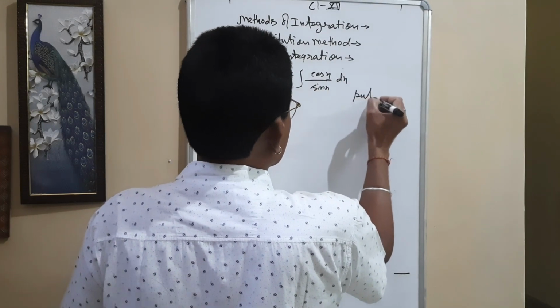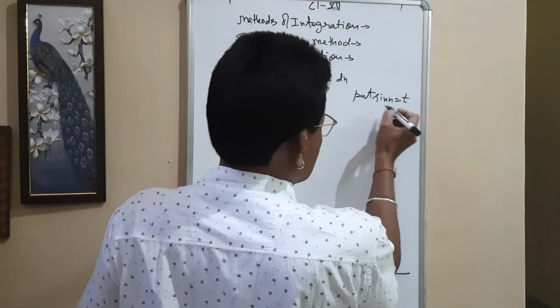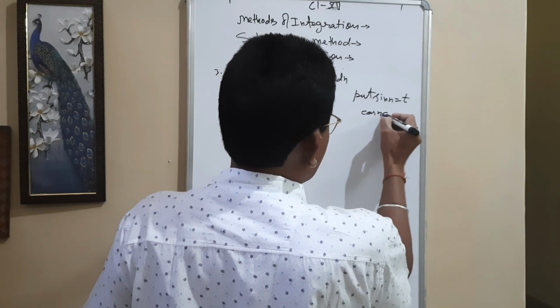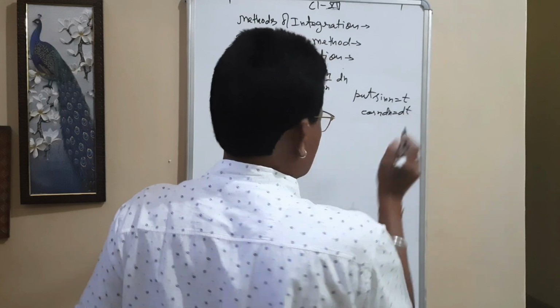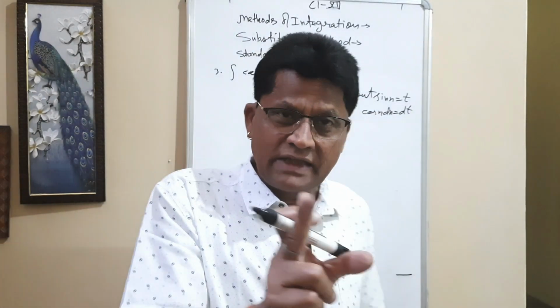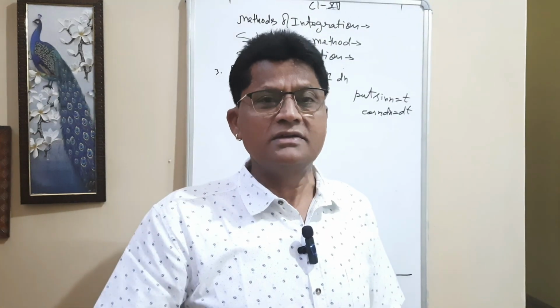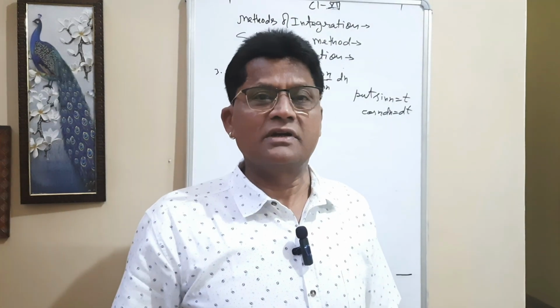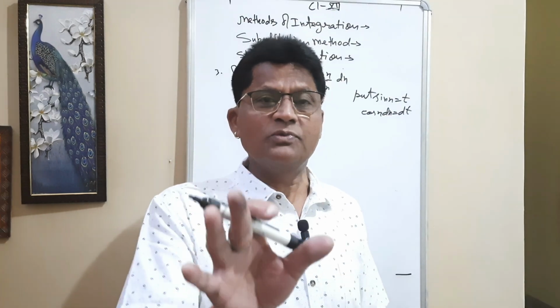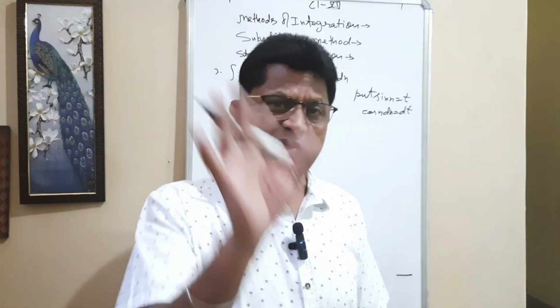Put sin x equal to t by the substitution method. Differentiate on both sides: cos x dx equals dt. If you follow this rule, there will not be a problem in integral calculus. Generally, students feel calculus is difficult, but it is not difficult. If you know the formula, definition, properties, and practice simple questions, it becomes very easy.